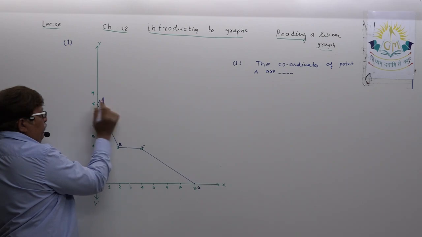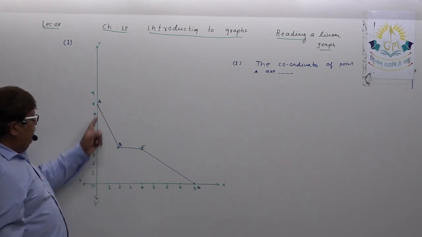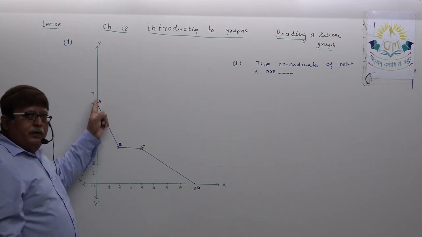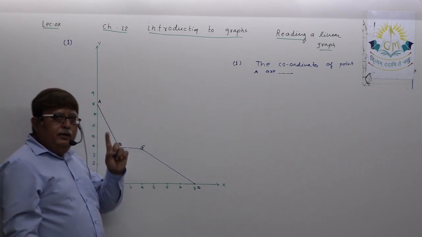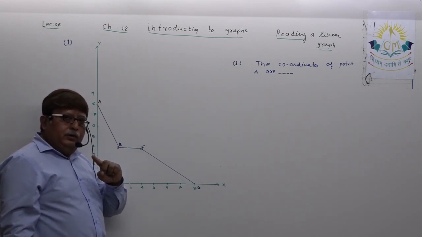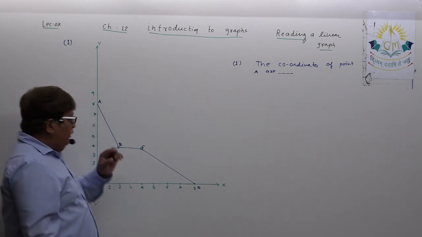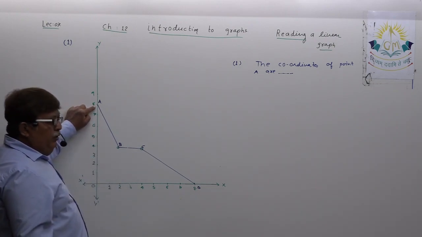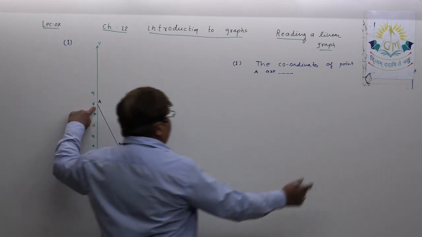How can you find the coordinates of A? Point A lies on the y-axis. Any point which is lying on the y-axis will have x coordinate 0.